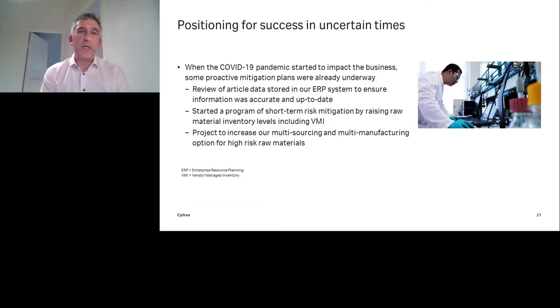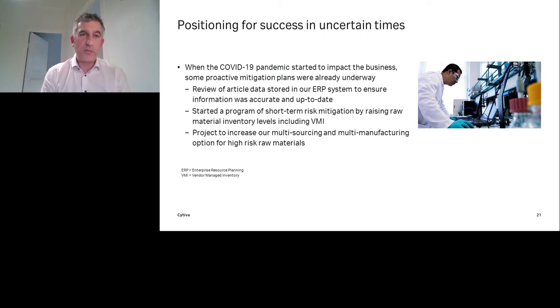So when it comes to trying to position ourselves for success in uncertain times, when the COVID-19 pandemic started to impact our business, some of the risk mitigation plans were already underway. So we had already reviewed the article data stored in our ERP system to ensure it was accurate. We had the correct lead times and inventory values, and so on and so forth.